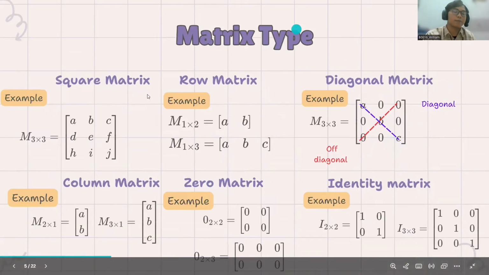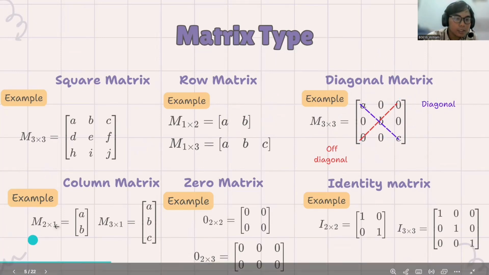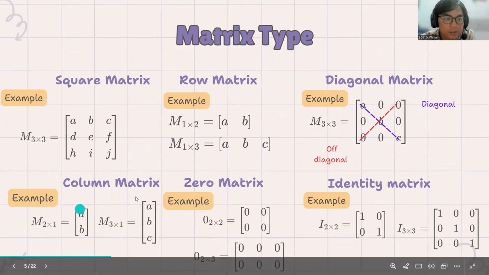Next, matrix types. Matrices have 6 types, and this is a square matrix like this. A row matrix has only one row, and a diagonal matrix is diagonal, and this is off diagonal. This is a column matrix, only one column, like this.